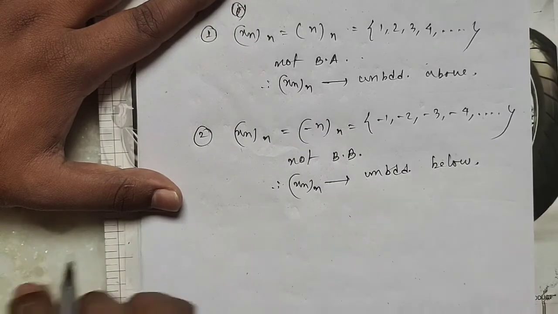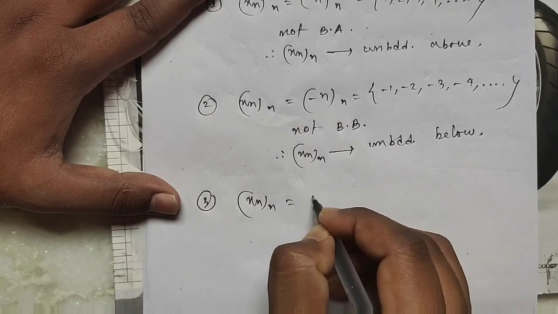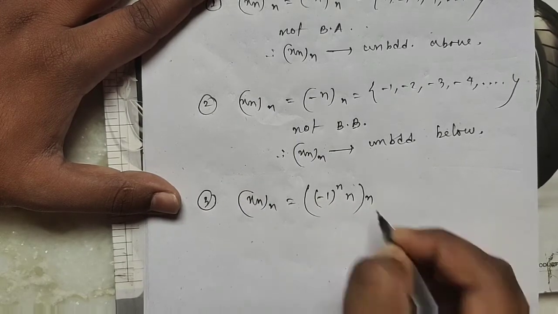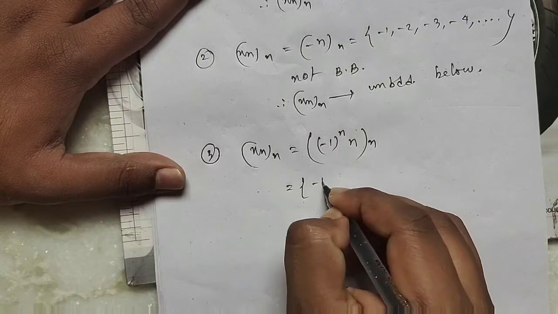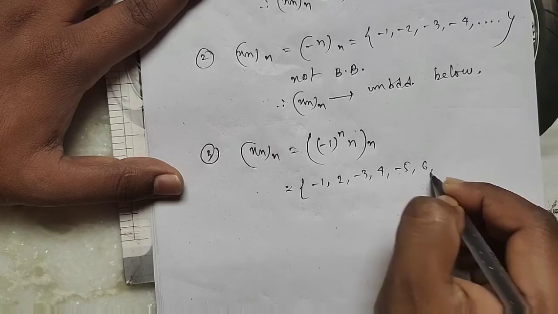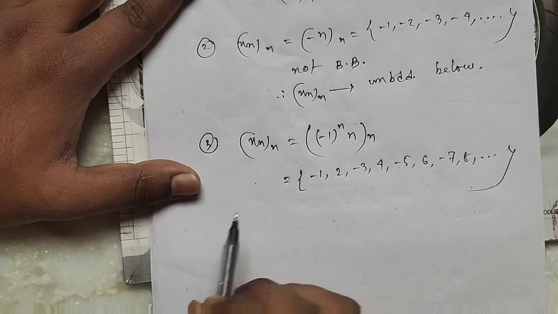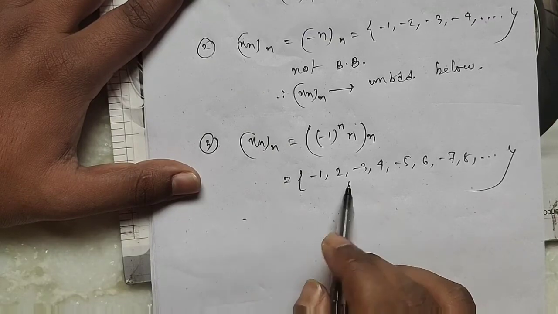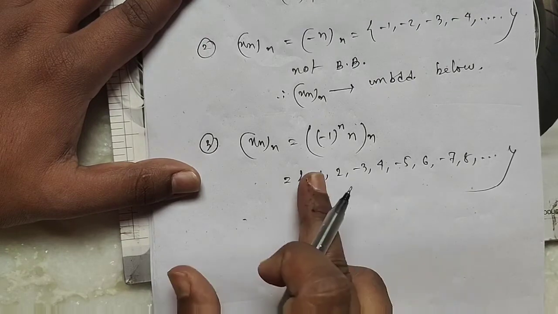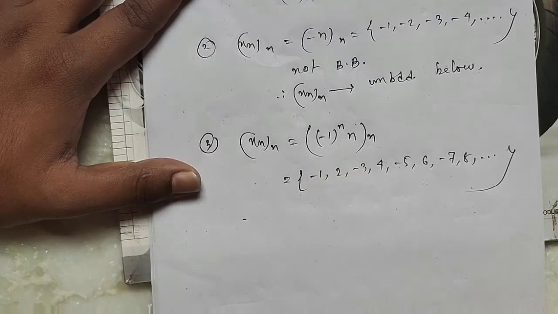And if the sequence xn is taken as minus 1 whole to the power n into n, then it is minus 1, 2, minus 3, 4, minus 5, 6, minus 7, 8 and so on. So on the positive side 2, 4, 6, 8 and so on, and on the negative side minus 1, minus 3, minus 5 and so on.